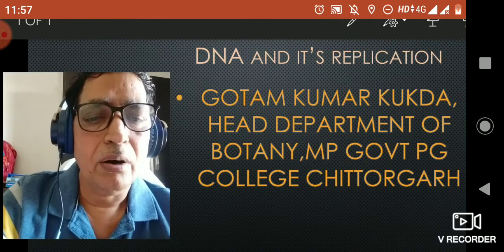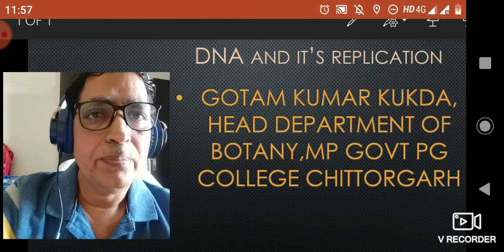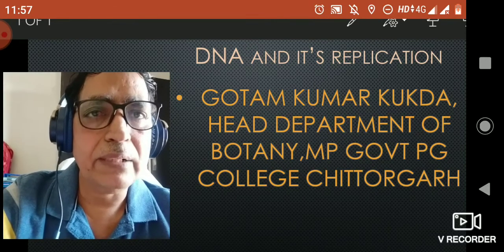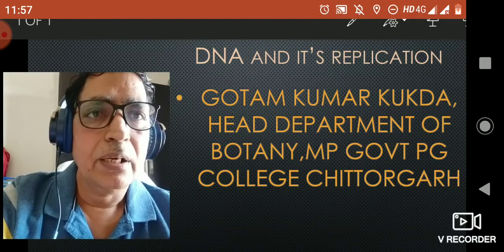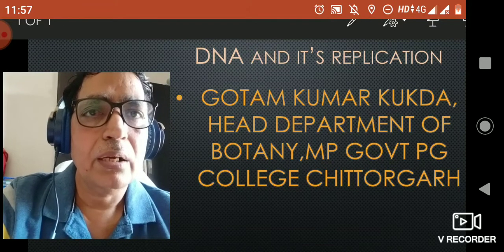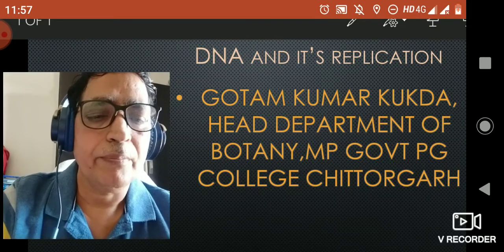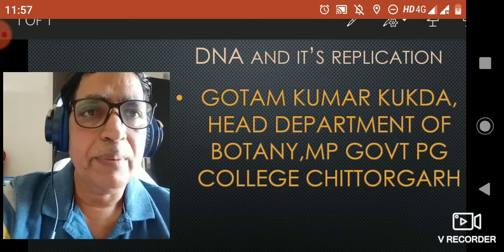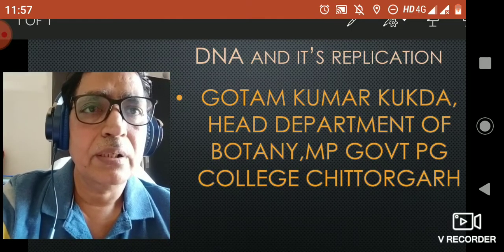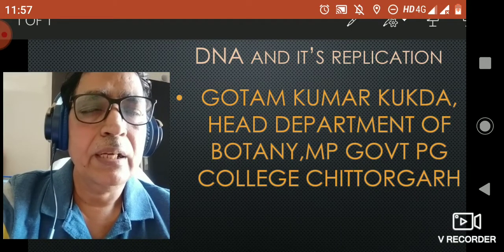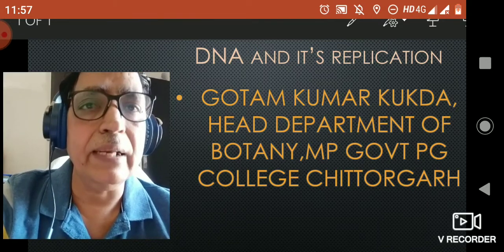There is always formation of a replication fork during DNA replication. The replication fork is formed in the part of DNA that is firstly unwound.